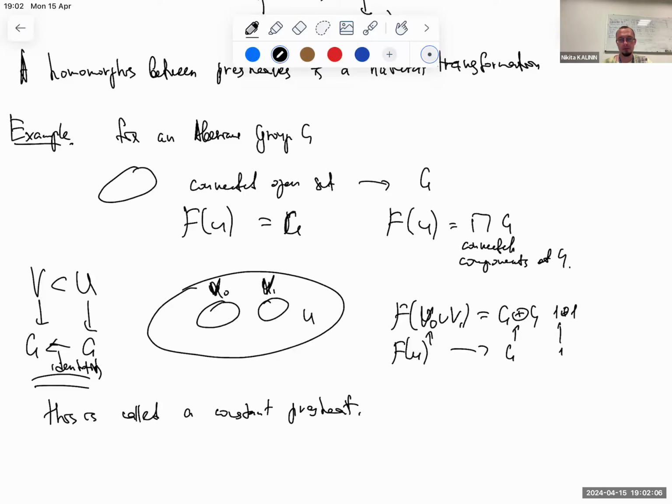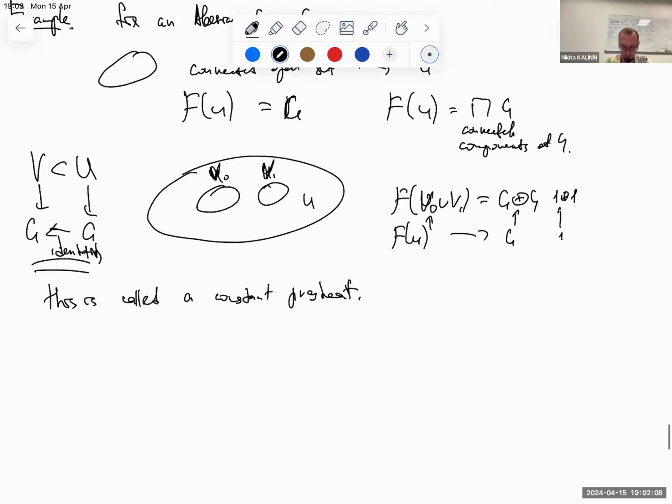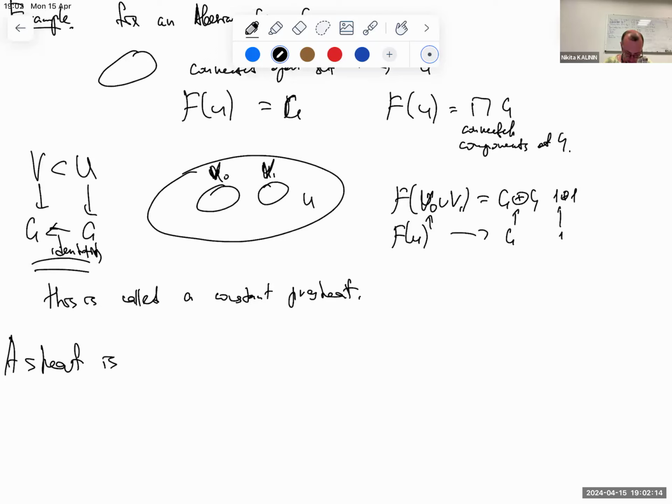Okay, what else? Well, maybe I tell you what is a sheaf, but maybe you already know. So a sheaf is a presheaf plus a gluing condition. So for example, what I say for a presheaf, maybe I have two open sets.